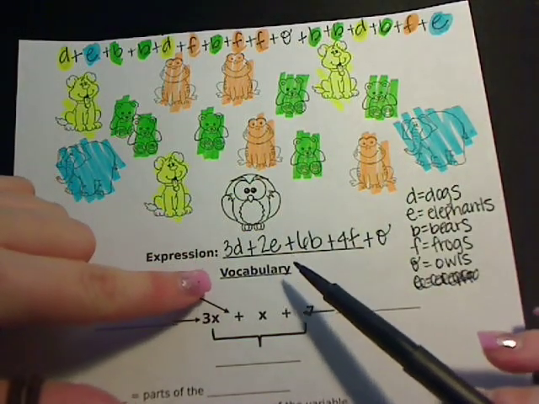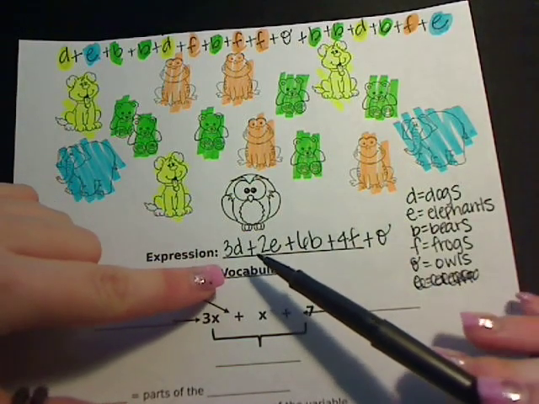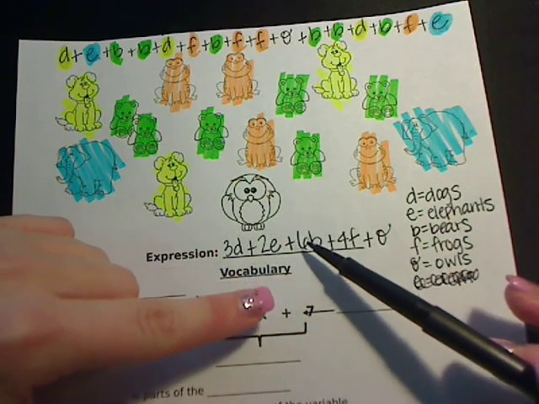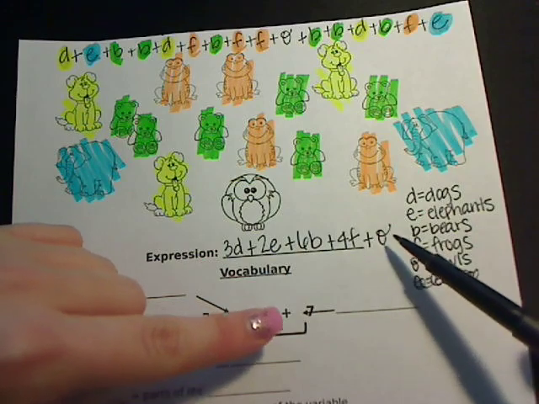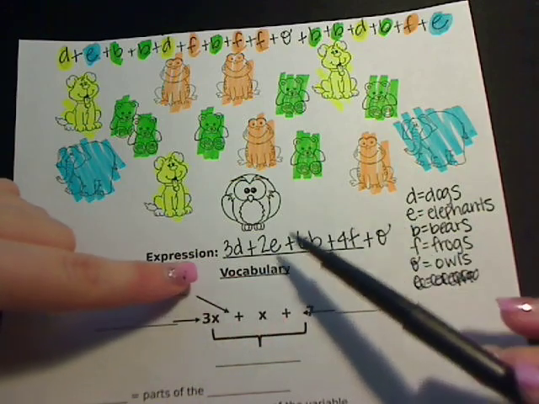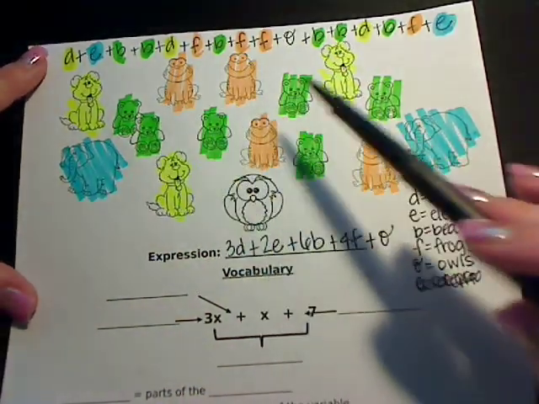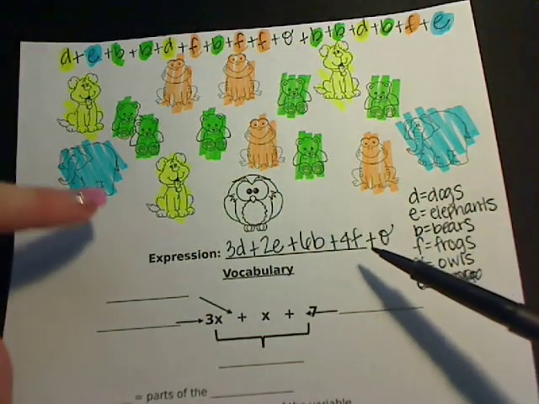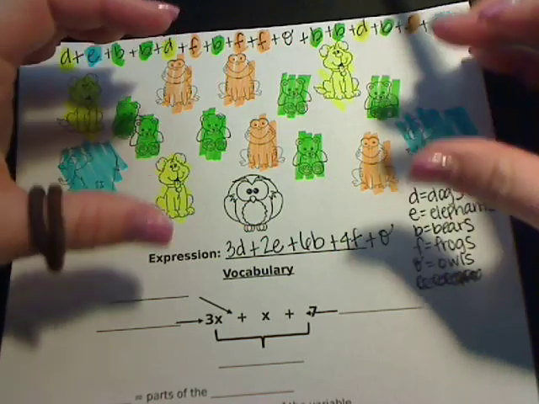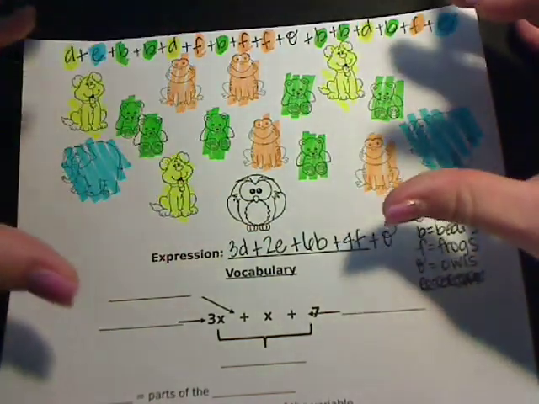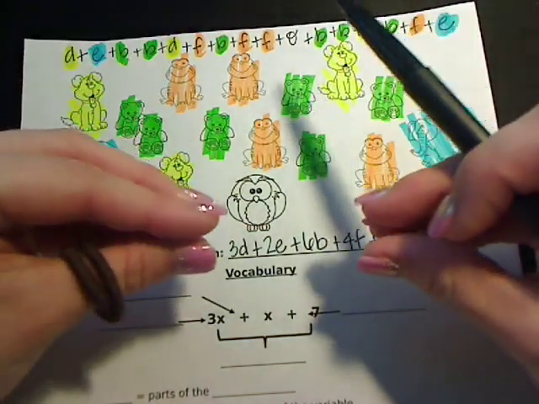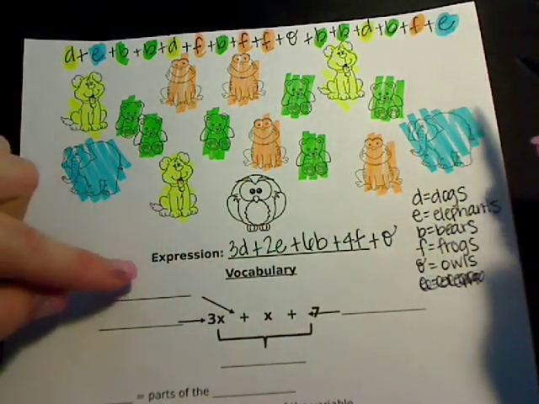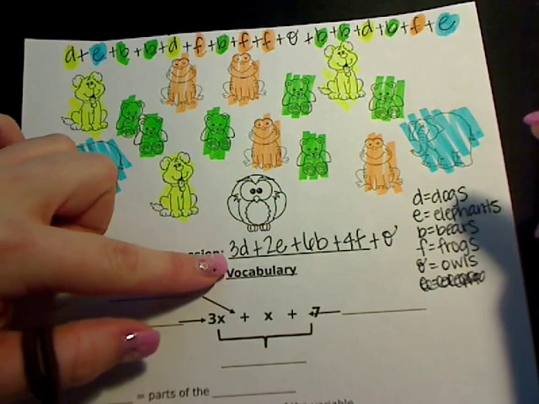This is my new simplified expression: 3D, or 3 dogs, plus 2E plus 6B plus 4F plus O. That simplified expression represents this whole big picture up here. Combining like terms is when we take a lot of one thing and put it together to write a shorter expression. Remember, expressions don't have equal signs, so that's why there's no equal sign here.